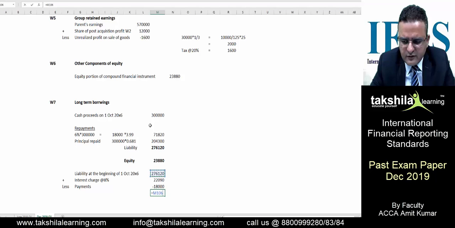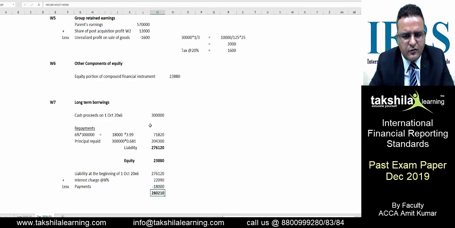That is equal to 276,120 plus this, minus interest. The liability balance at the end of the year is 280,210.